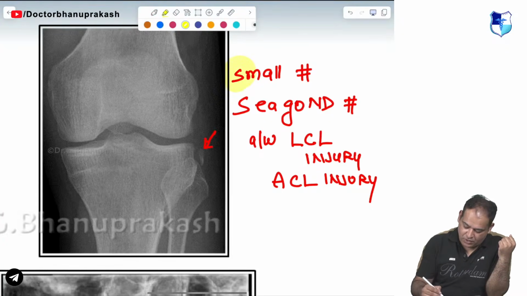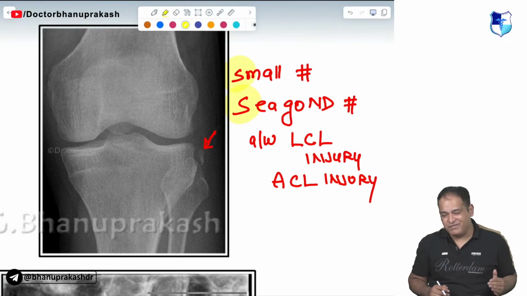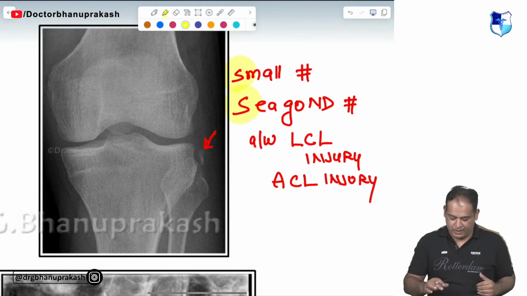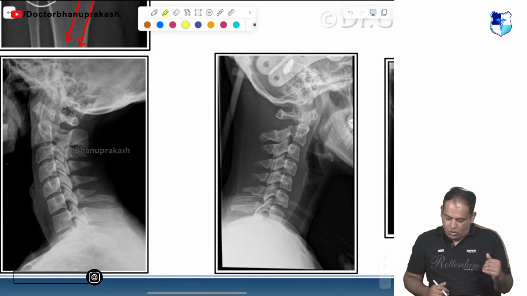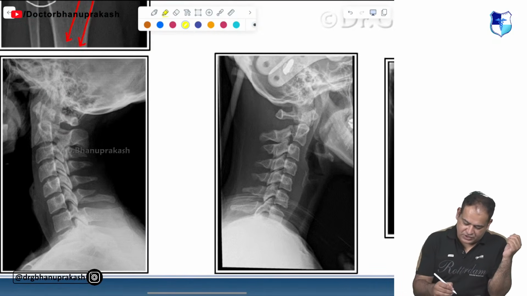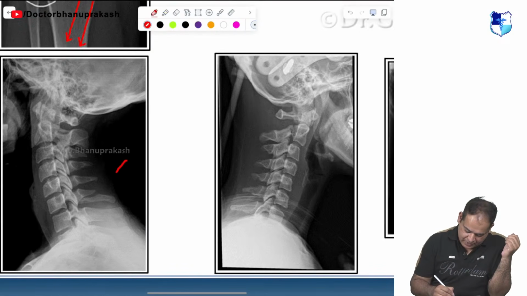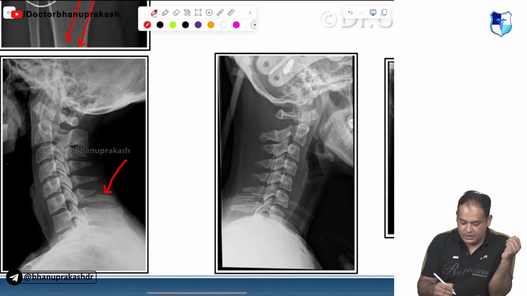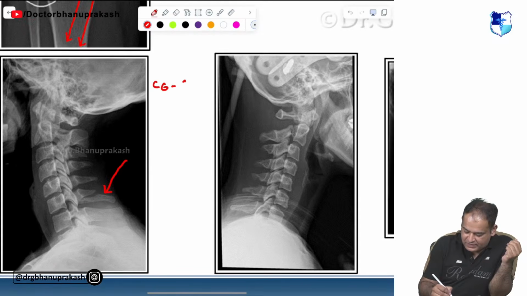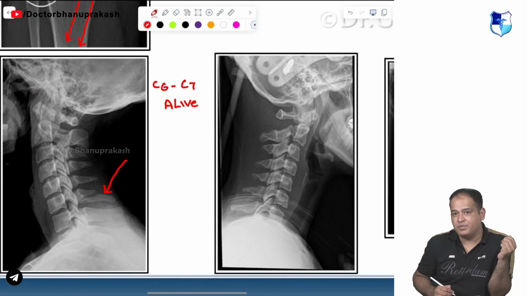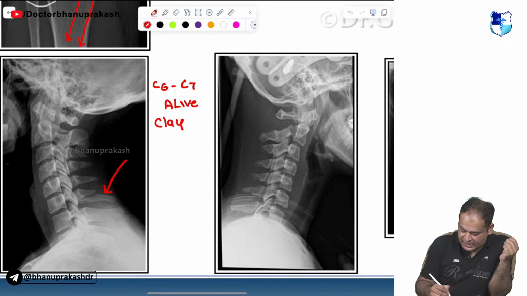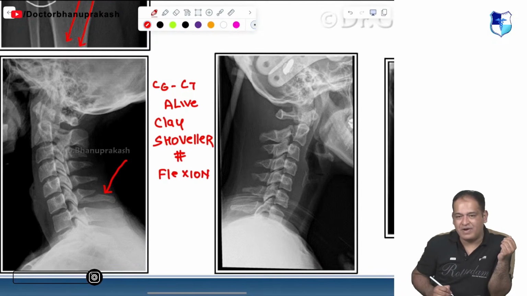So S for small, S for Segond, B for big, B for bumper, right? Now see here. Okay, so where do you see the fracture in the first image? You see here, right? If you see a fracture at C6, C7, and your patient happens to be alive, that is a fracture caused by abrupt flexion.